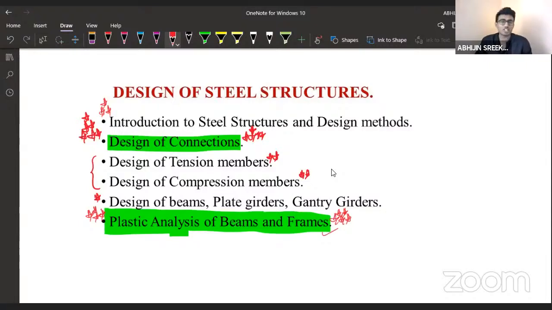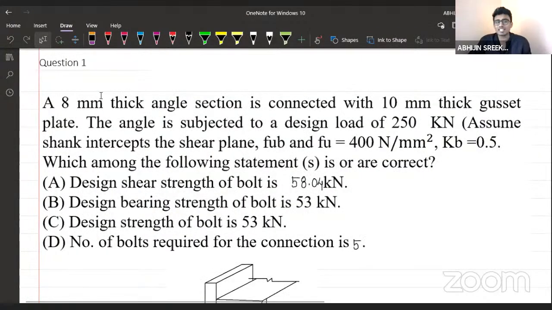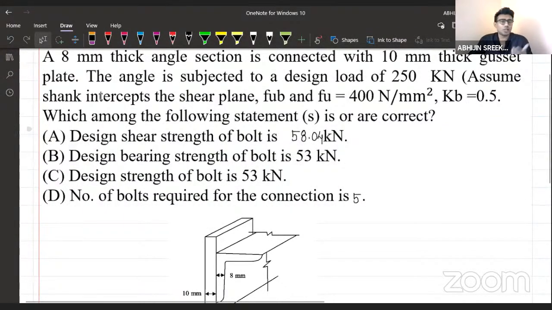We have not started yet, right? Let's start this session with this question. As I used to say, first of all you need to understand the question properly. To do that, you have to read the question properly first.